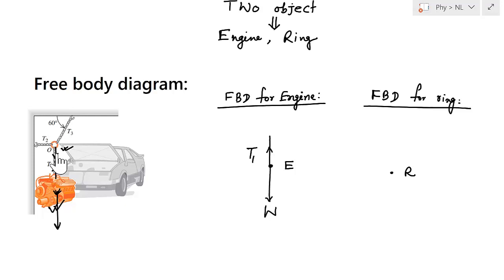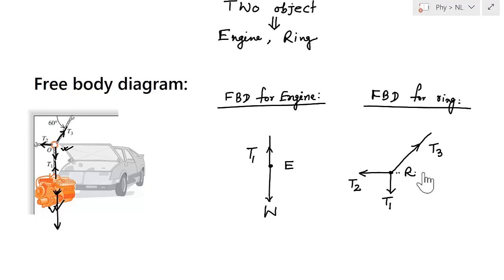Similarly, this chain will apply a force in this direction, and this tension will be T2. Assume that this chain remains horizontal, so we can show the tension force in a horizontal direction. Another force will come from this chain, with a magnitude of T3. So these are the three forces acting on this ring.